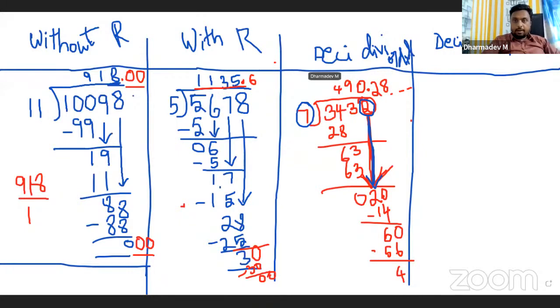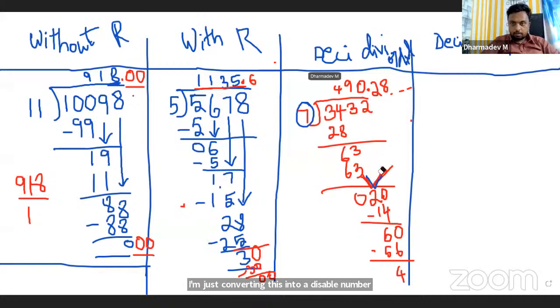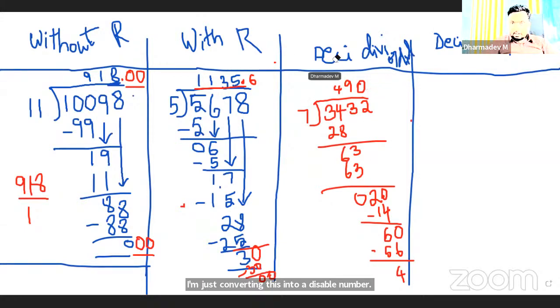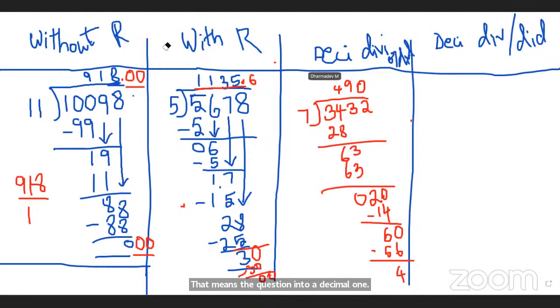Okay, fine. So now in the same question, I'm just converting this into a decimal number. That means the question into a decimal one. So I do keep the decimal point in the question over here.